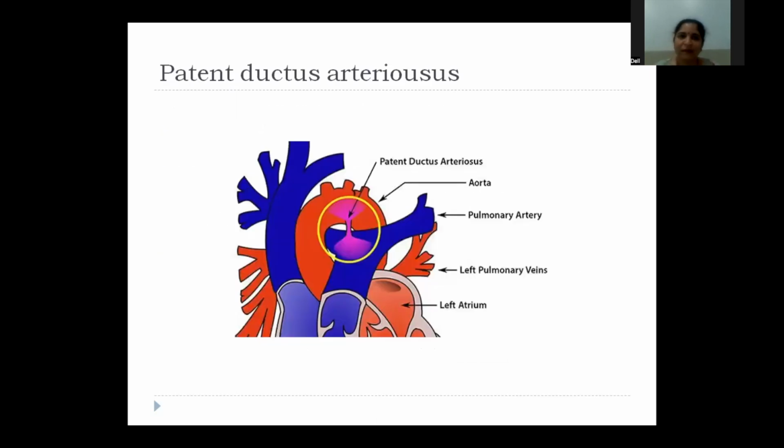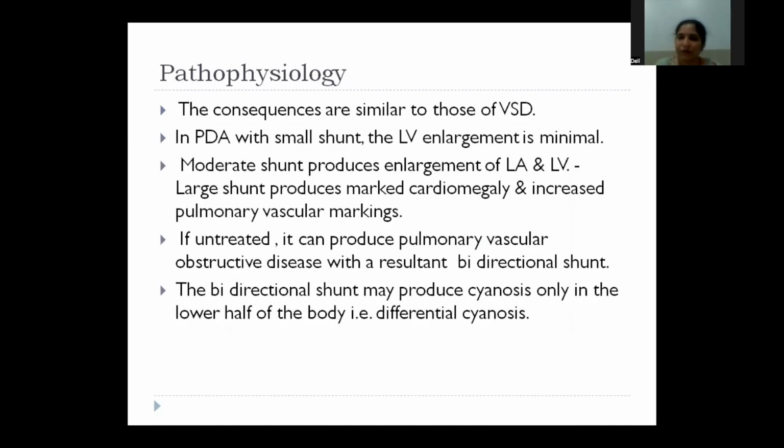The third commonest condition is patent ductus arteriosus. We have seen the ASD and VSD, which are communications at the chamber level. Now, patent ductus arteriosus has a communication at the great vessels level. There is direct communication from the aorta to the pulmonary artery, and so, same as VSD, high pressure blood flow comes to the pulmonary artery, and the changes in the pulmonary circulation occur. The pathophysiology of VSD and PDA is somewhat the same, and the changes in pulmonary artery hypertension are also the same.